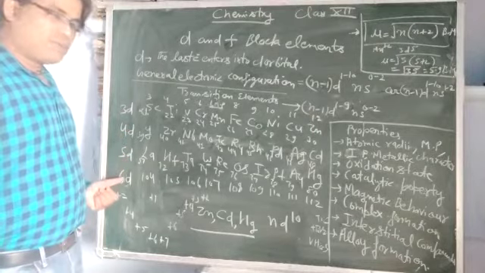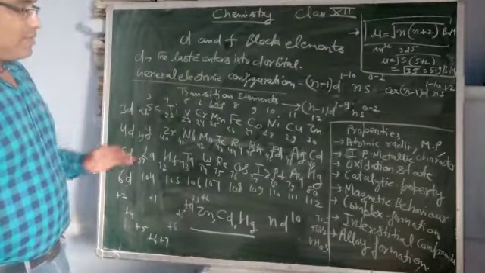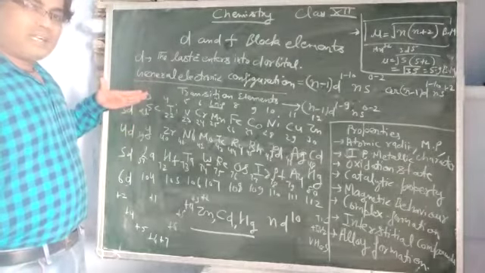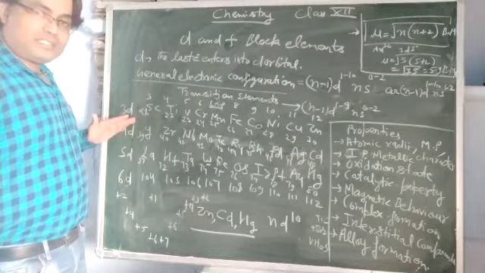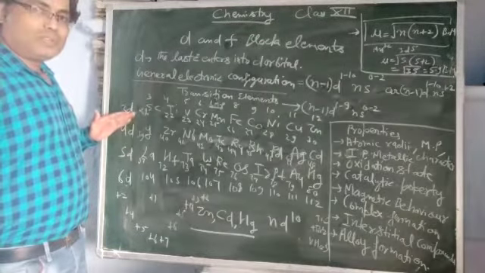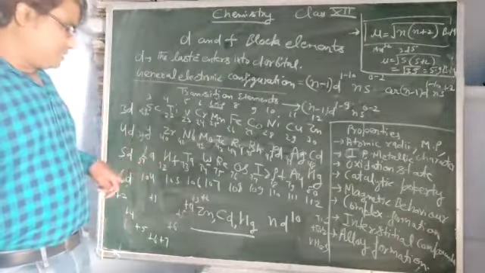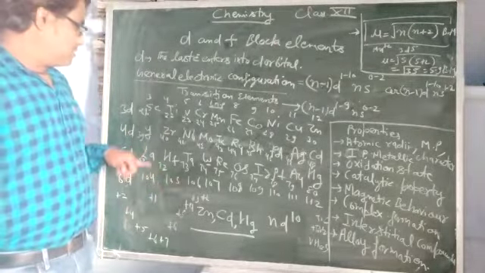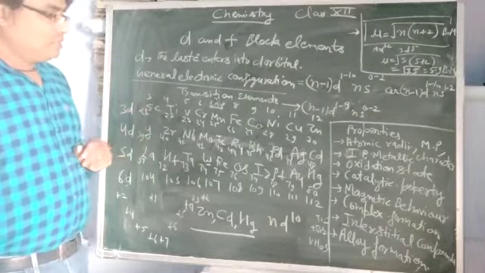And in 6d, the electron enters into the 6d subshell. There are 10 elements in each series, so the number of members is more than 35, because the last series is incomplete, and in the 3d, 4d, and 5d series we have 10 elements in each series.